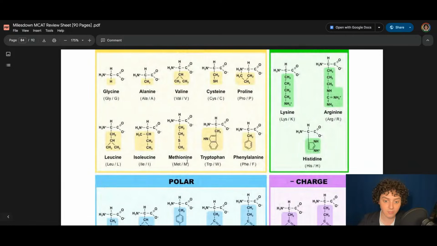Methionine's 3-letter abbreviation is MET, and its 1-letter abbreviation is M. Its R group is a CH2, CH2, S, CH3, all in one chain.